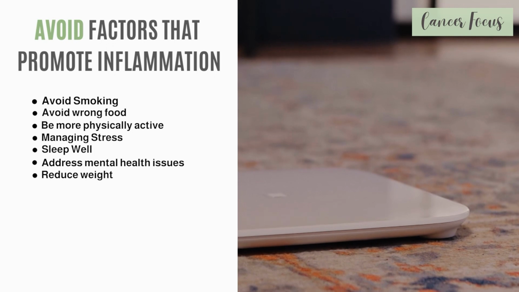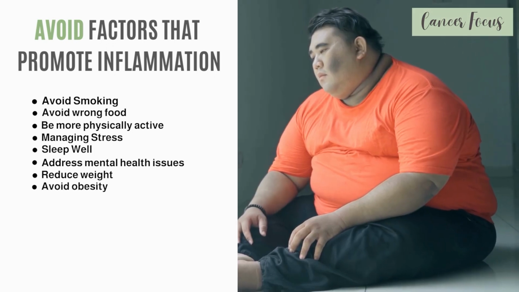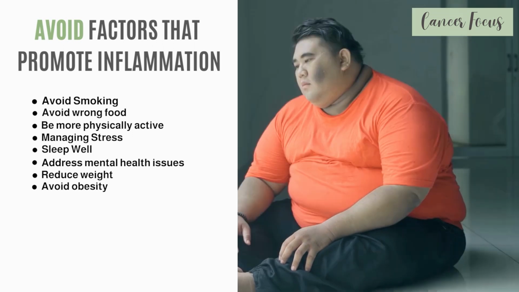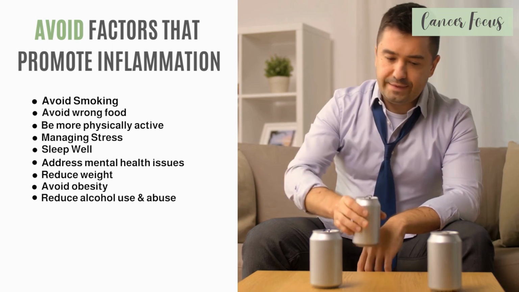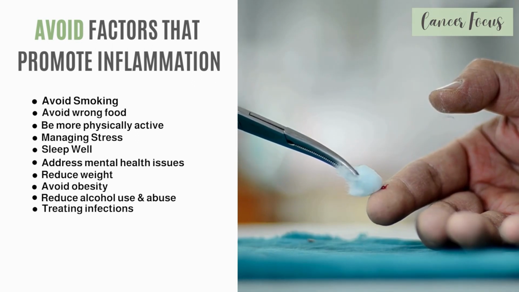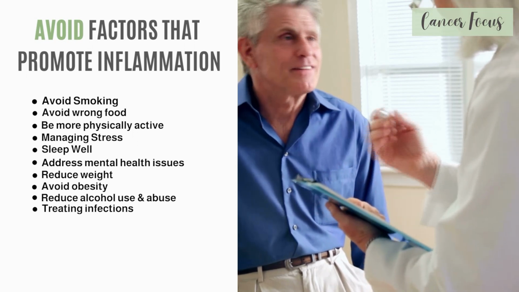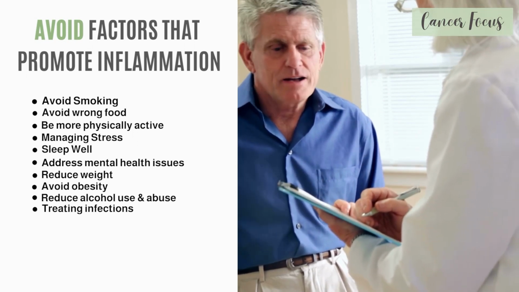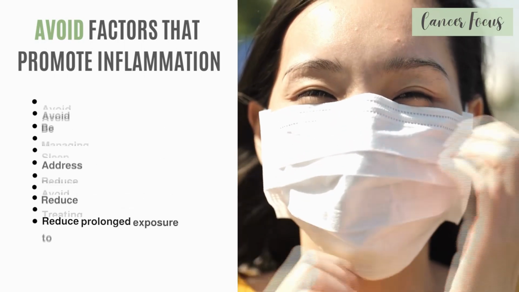Also, reducing our weight, coming to an optimum body weight, and avoiding obesity and being overweight for most part of our life. Reducing alcohol use and abuse both. Treating infections wherever possible. Ask your doctor, get yourself treated at the earliest to avoid the chronicity of infections. And reducing prolonged exposure to pollution and radiation.